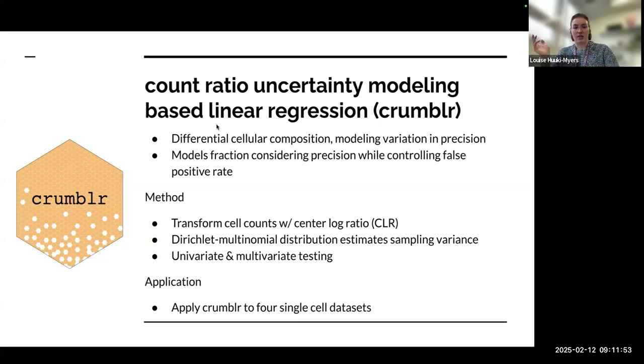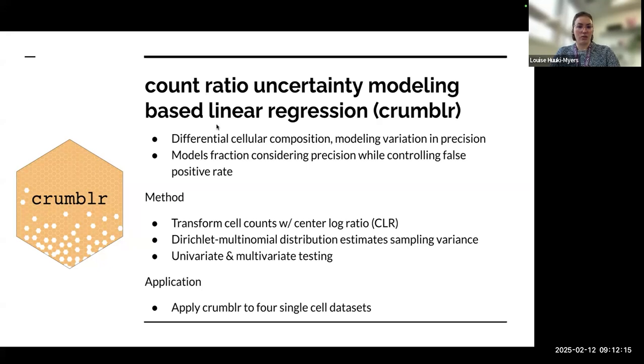Their method is to transform cell counts with center log ratio. This is kind of similar to ILR, which was a method that we used previously to compare and contrast cell fractions. And they use the Dirichlet multinomial distribution estimates to account for sampling variance.